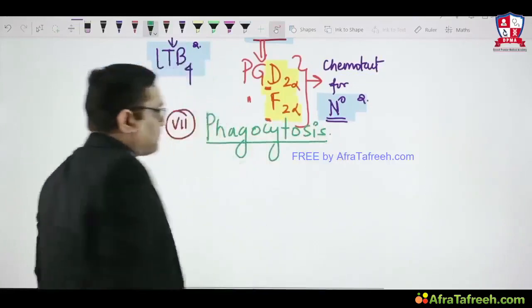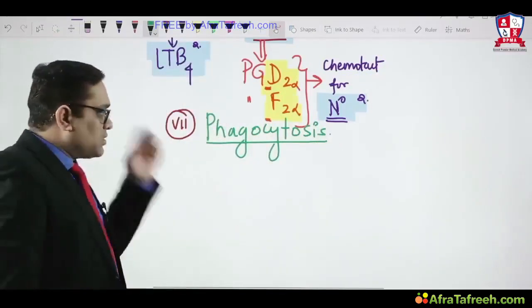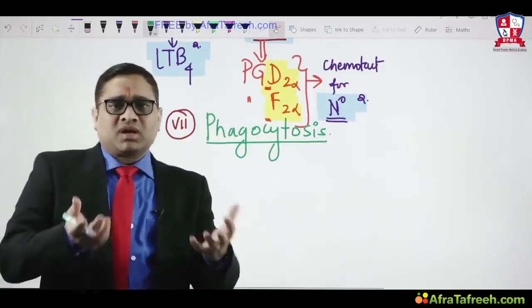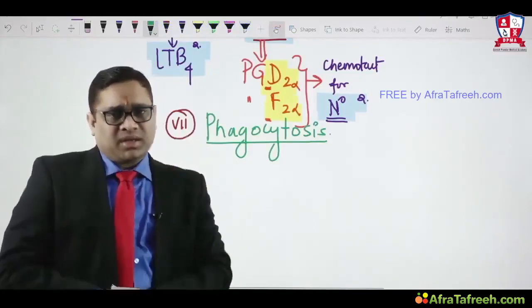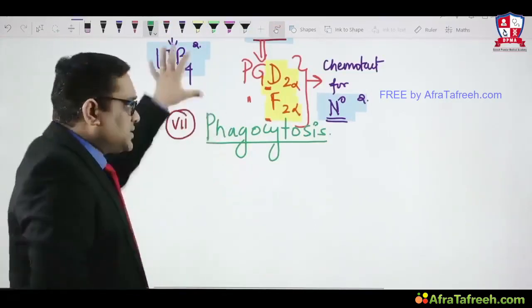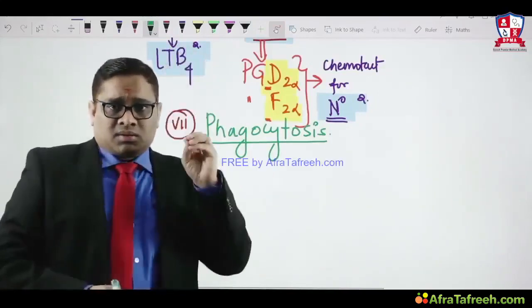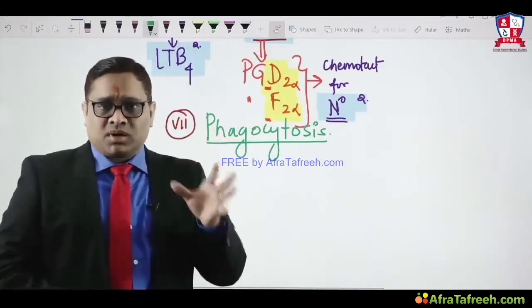Now we will see the seventh one, phagocytosis. We all know that phagocytosis is performed by phagocytic cells, where they engulf the bacteria or microbes and then kill them inside the cell. So these are the seven cellular events of acute inflammation which we have to keep in our mind.